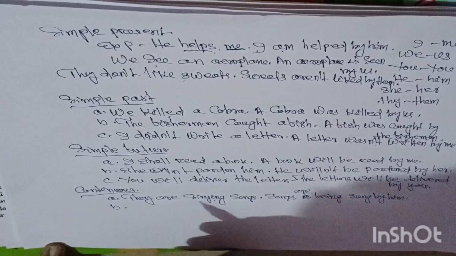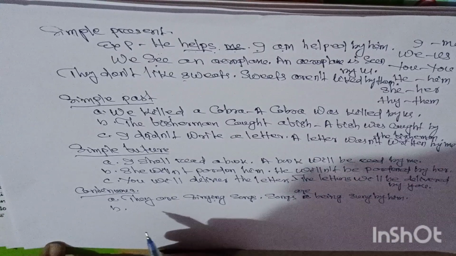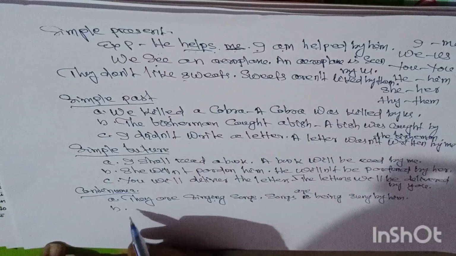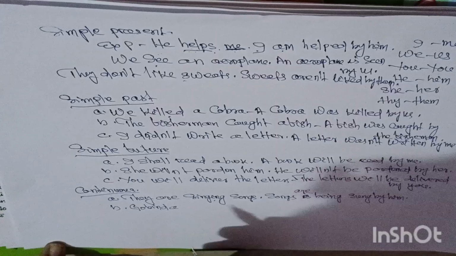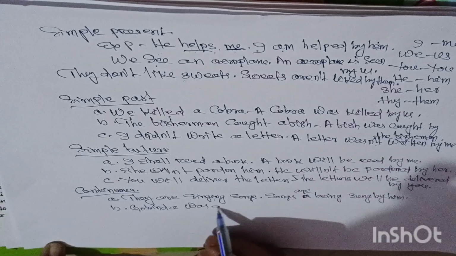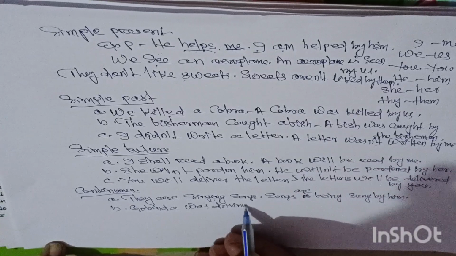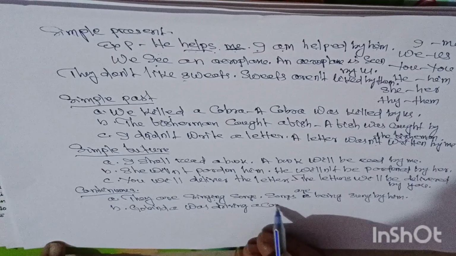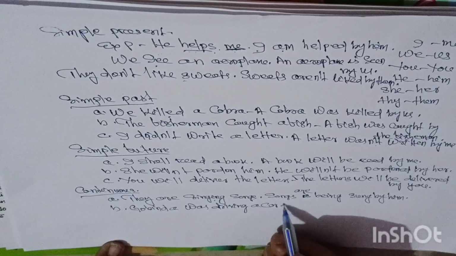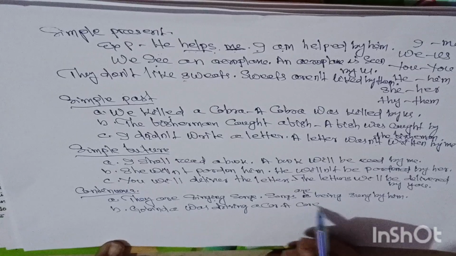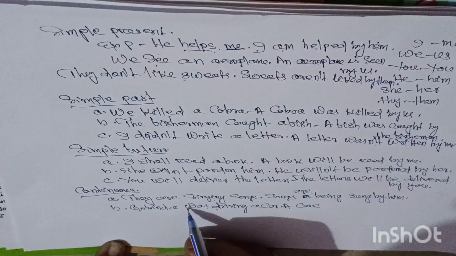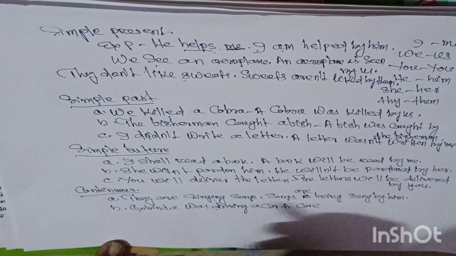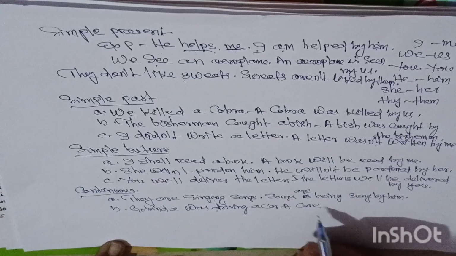The second example is Govinda was driving a car. First you choose the object. Here the object is a car. As the sentence is in past continuous, you use was or were.